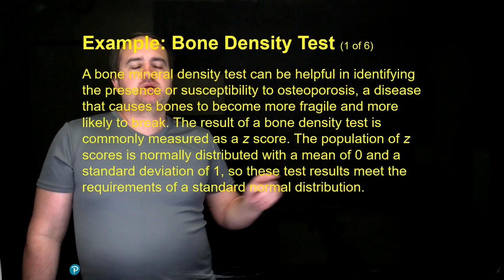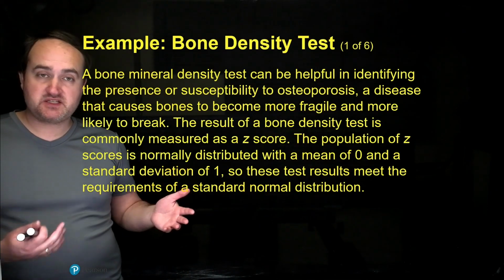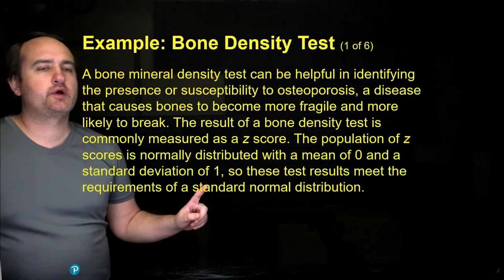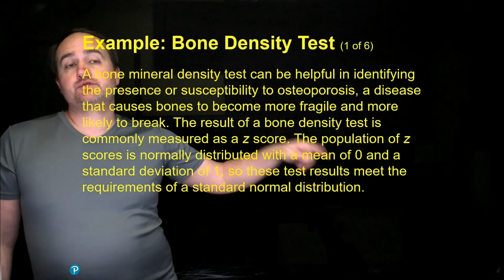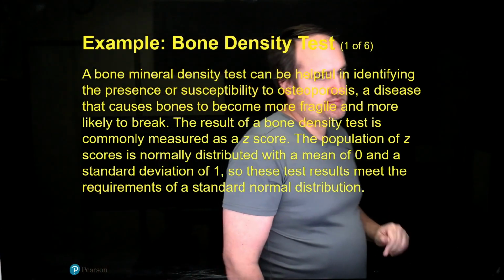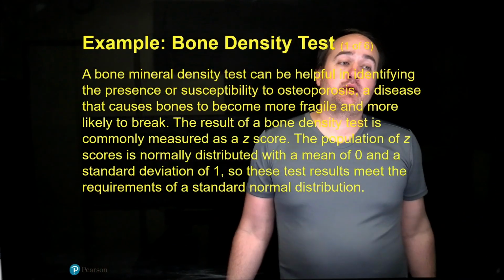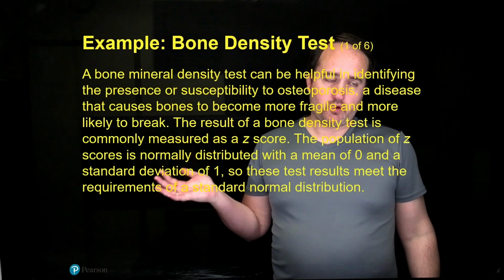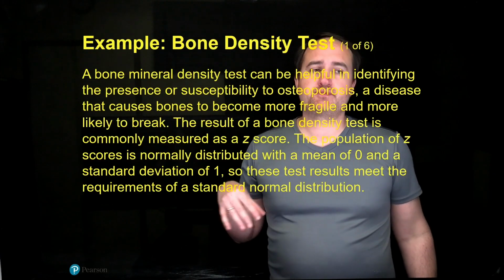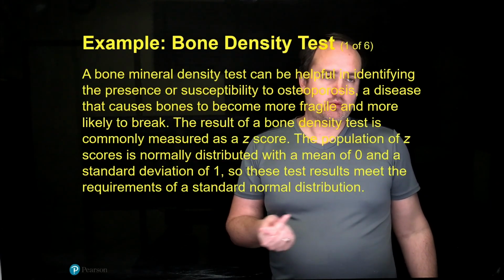The population of z-scores is normally distributed with a mean of 0 and a standard deviation of 1. So these test results meet the requirements of a standard normal distribution. All of your homework from section 6.1 in this part 2 will be a standard normal distribution.